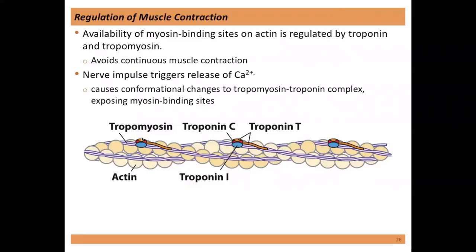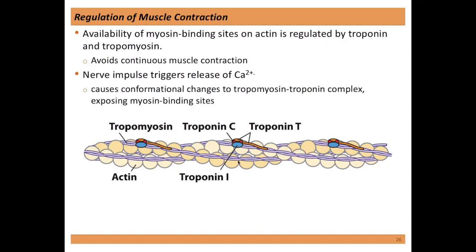Okay, so this is why we need to know the tropomyosin and the troponin. They modulate the access to the binding sites on actin. A nerve impulse will release calcium, and that calcium will flood your muscle fibers.